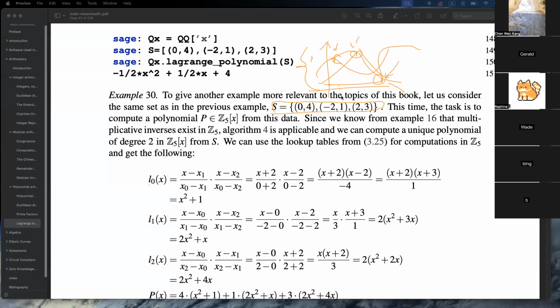And in some other ZK protocols. This is where Lagrange polynomials are used, just to share a little bit. Anyways, any questions?